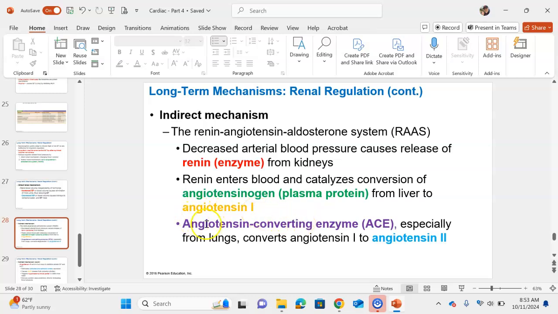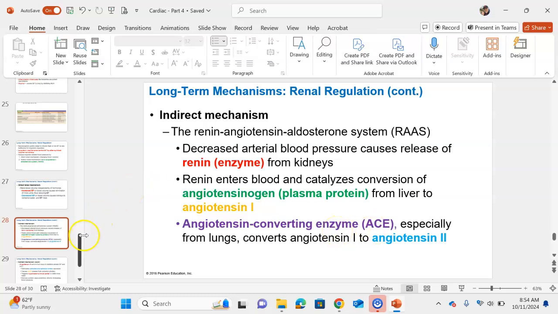So ACE, or angiotensin converting enzyme, like the name implies, will convert angiotensin 1 into angiotensin 2. And like we've already mentioned, angiotensin 2 by itself is a vasoconstrictor. So it's going to make blood pressure go up alone that way. But that's not what we're focusing on here.